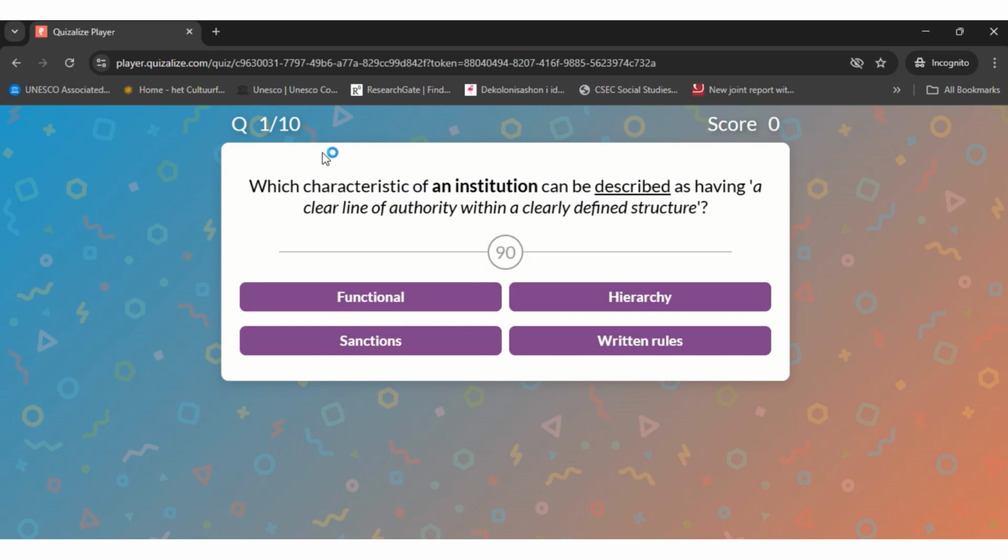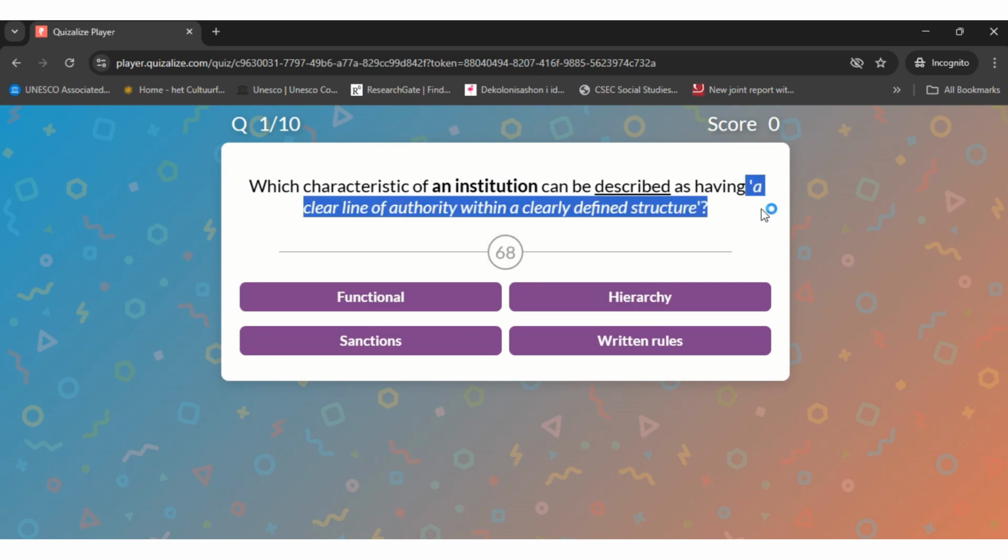The question: which characteristic of an institution can be described as having a clear line of authority within a clearly defined structure?